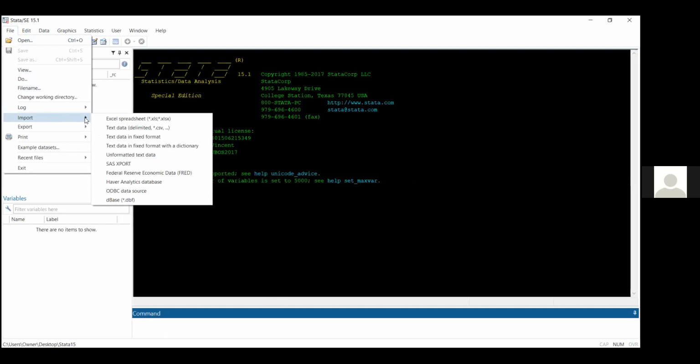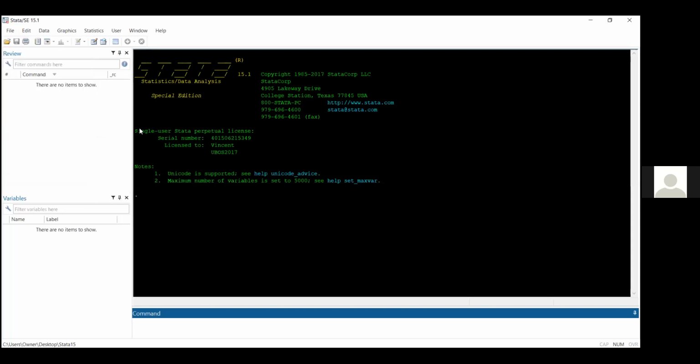Now, Stata reads or accepts files which have extension CSV. So when you are saving your Excel file wherever it is, you must go in the menu down and choose this extension. Don't choose this because Stata might not read it. So it's delimited.